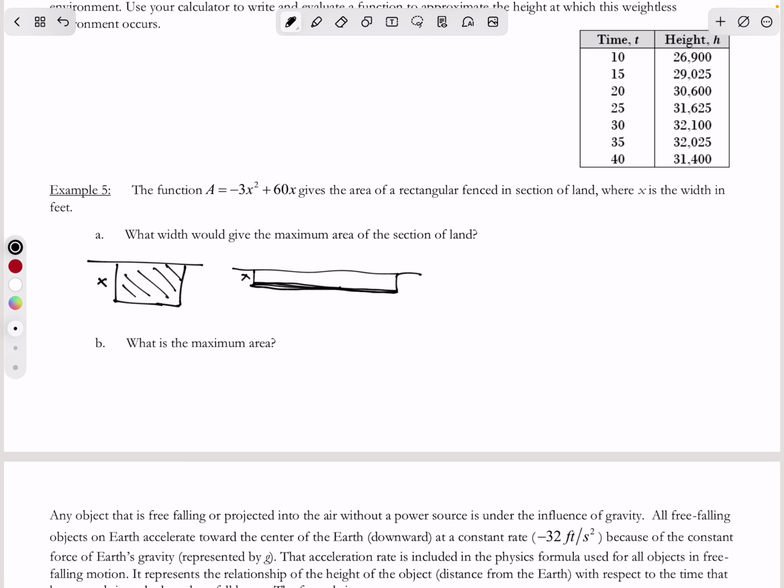This area is different from this area. The point is, depending on the value of x that you choose, the area could be bigger or smaller.